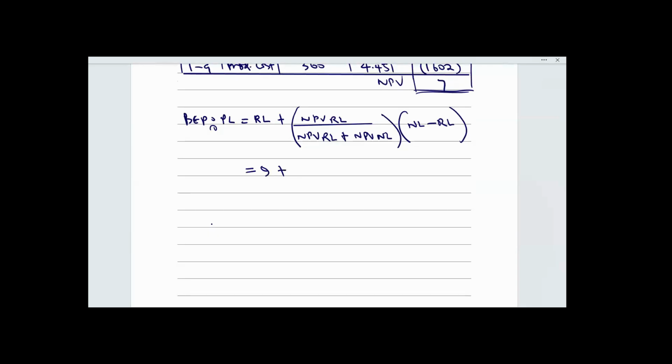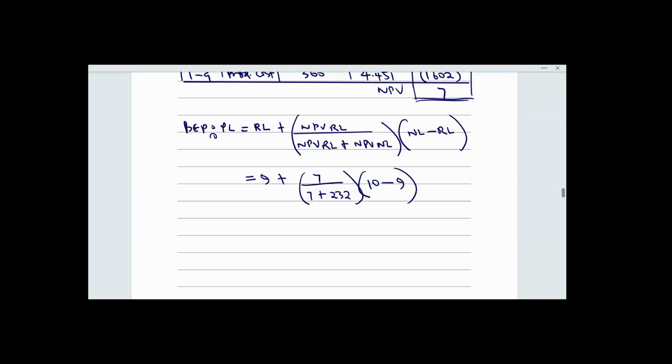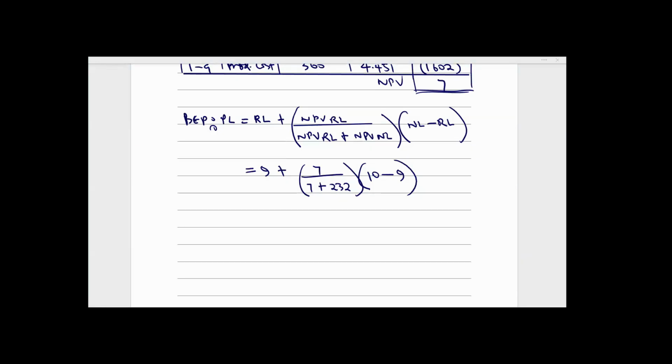NPV of the 9 years is 7 divided by 7 plus NPV of normal life is 232. Normal life is 10 years. Reduced life is 9 years. Therefore, 7 divided by 239 equal.